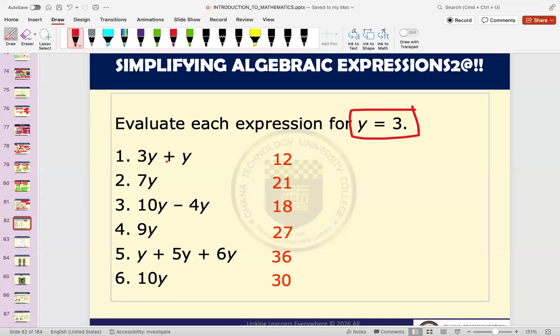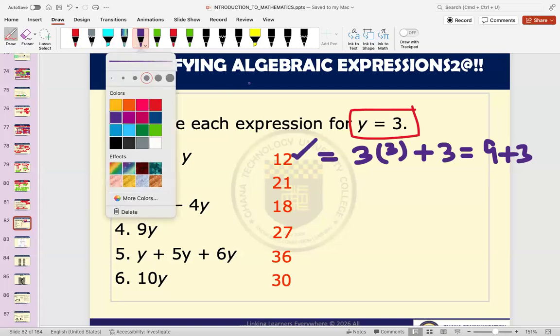So if you have 3y plus y, your solution will be 3y, meaning wherever you see y, put 3. And this will give you 9 plus 3, and that is the 12 you are seeing here.